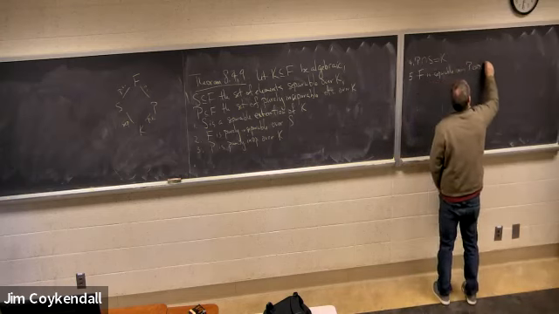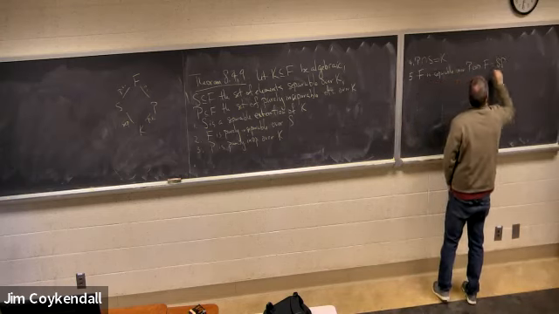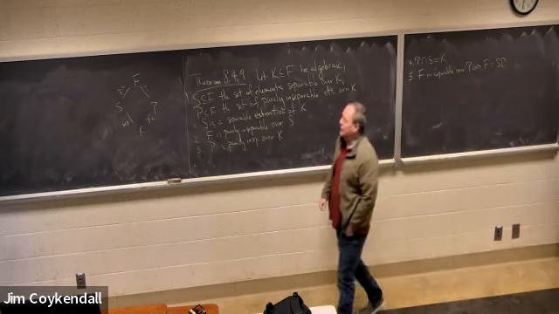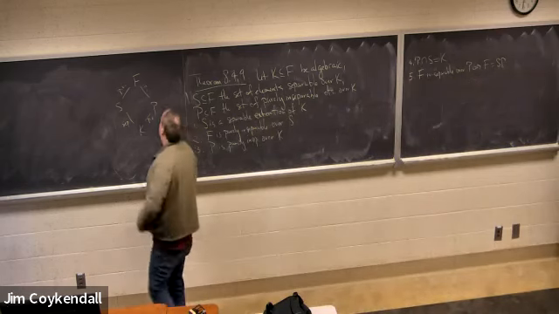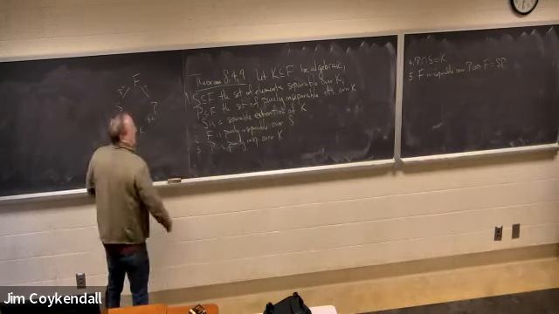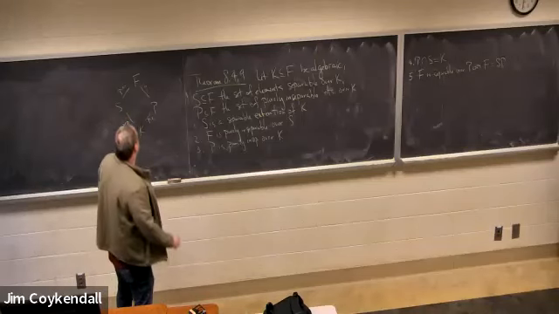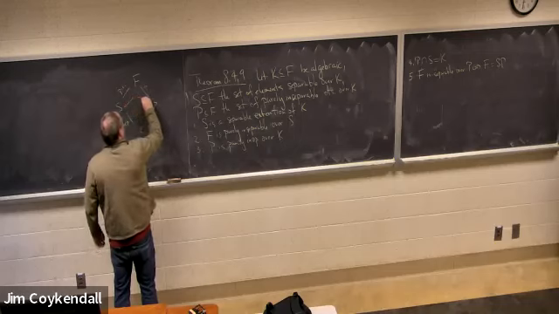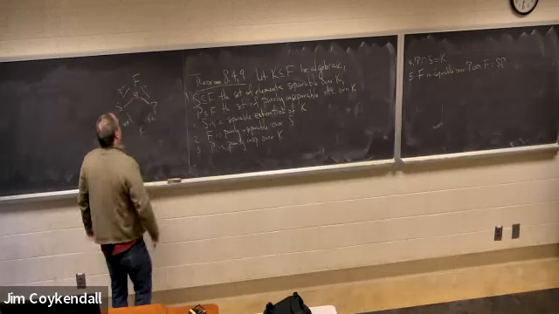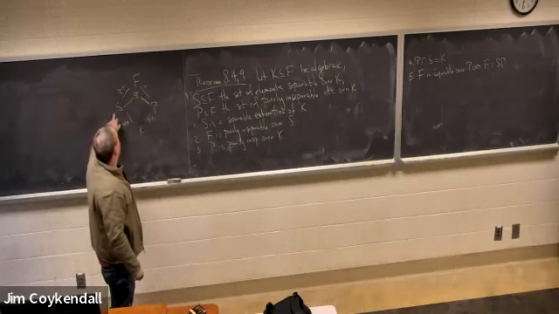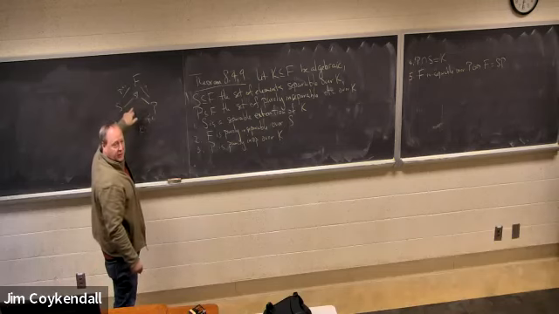if and only if F equals SP. So let me kind of draw a picture here. S is a subfield of F, and P is a subfield of F. So you can put these two fields together.